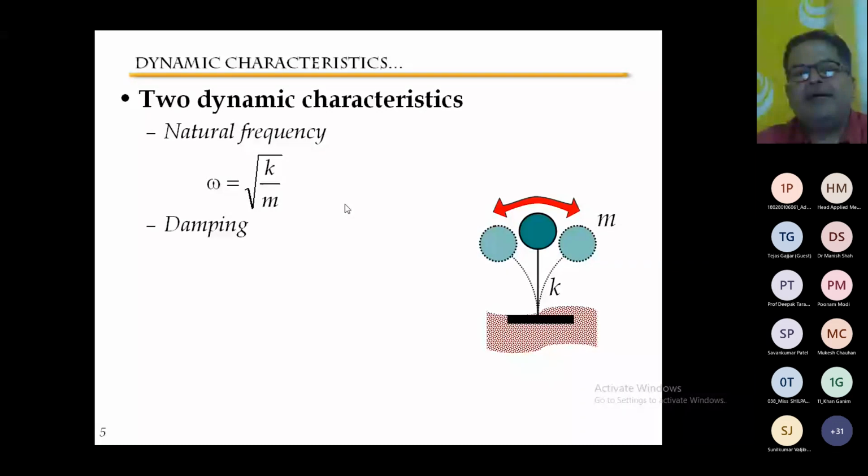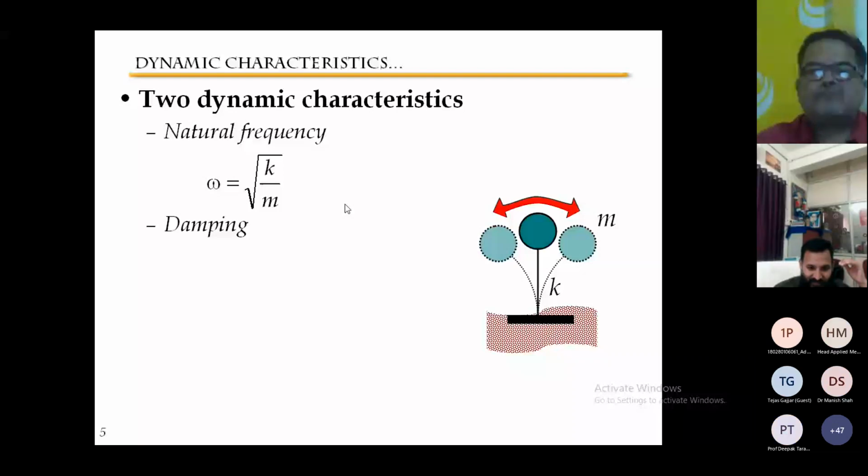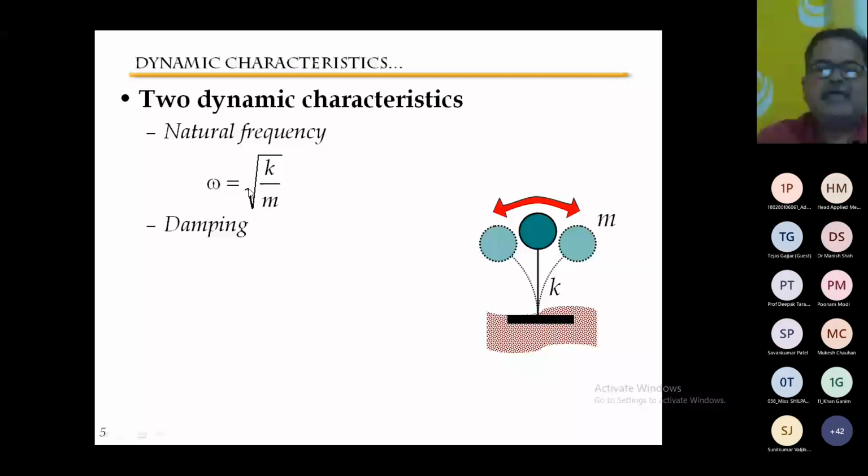If we talk about the natural frequency in terms of cycles per second, then f is equal to 1 upon 2 pi times square root of k by m. So this frequency depends on k and m, these two properties. K is the stiffness of the system and m is the mass. This is very important for us.